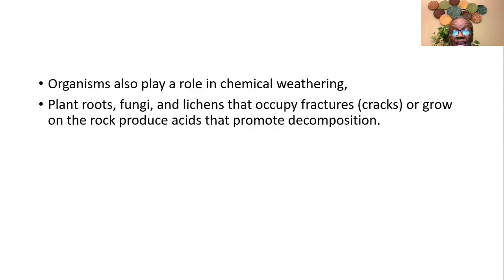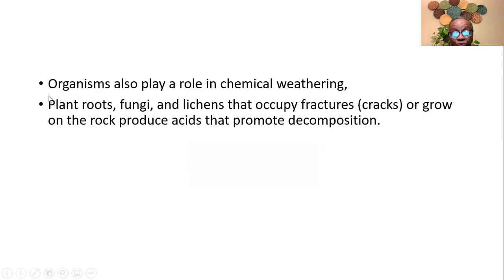Now, you've seen mosses or lichens, and lichens are a combination of fungus and algae. As these things, as well as plants themselves, grow on the rock, they produce weak acids. When they produce weak acids, that's introducing a new chemical, and therefore that will cause chemical weathering to occur.